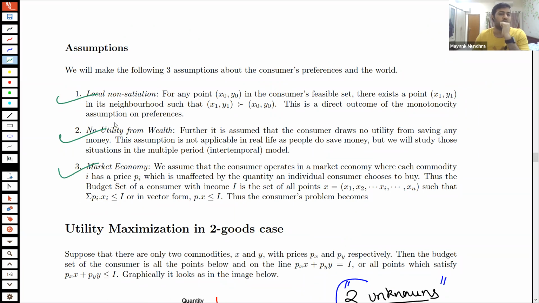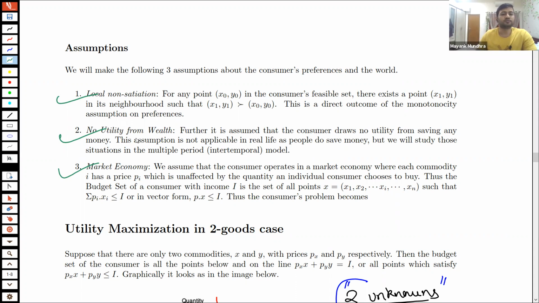Now, no utility from wealth ensures that a consumer is not going to consume a point within the budget line, because saving money is not going to give him any utility. So he's not going to save any money.